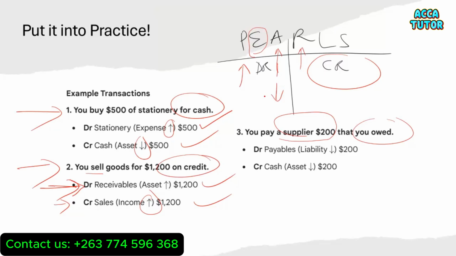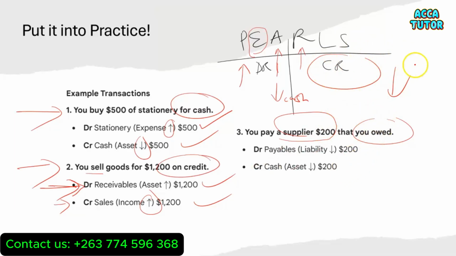Cash has left you. So cash is going down. However, the liabilities, because remember we were owing this money, have also gone down. We have cleared a certain liability by $200. So the liabilities have gone down.